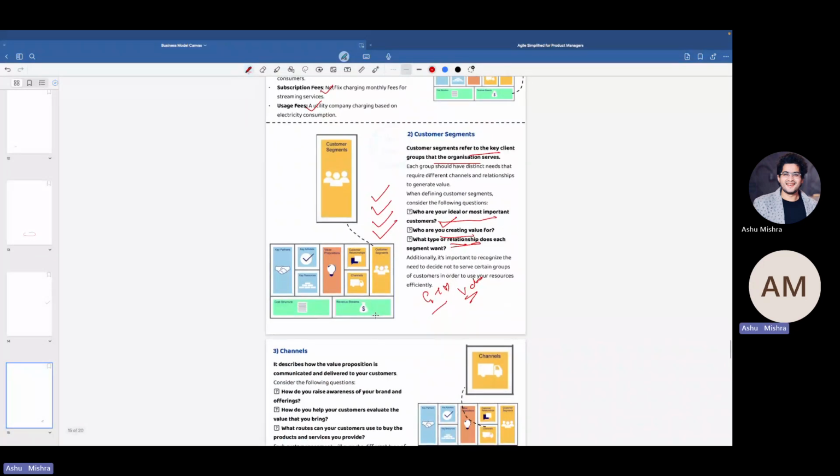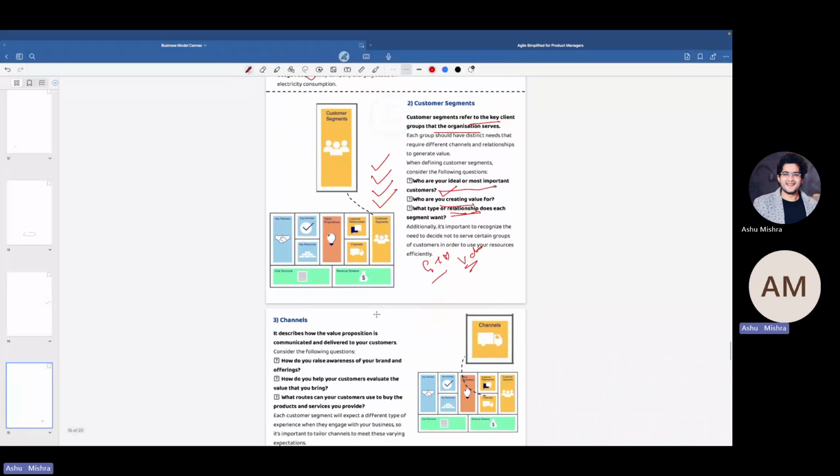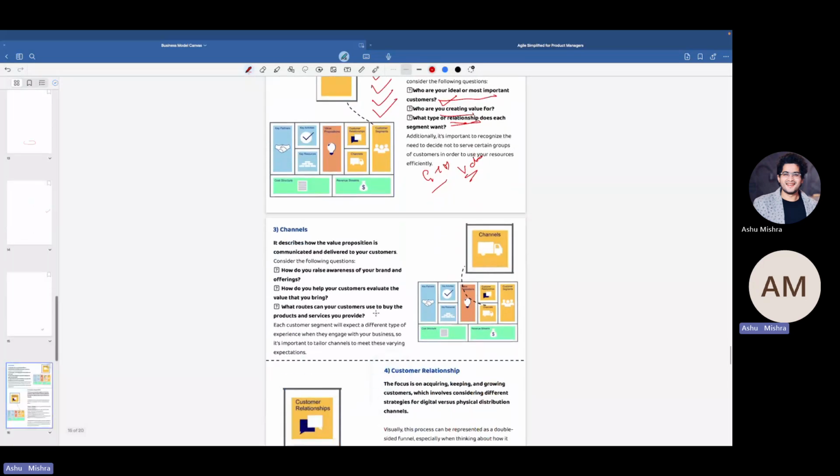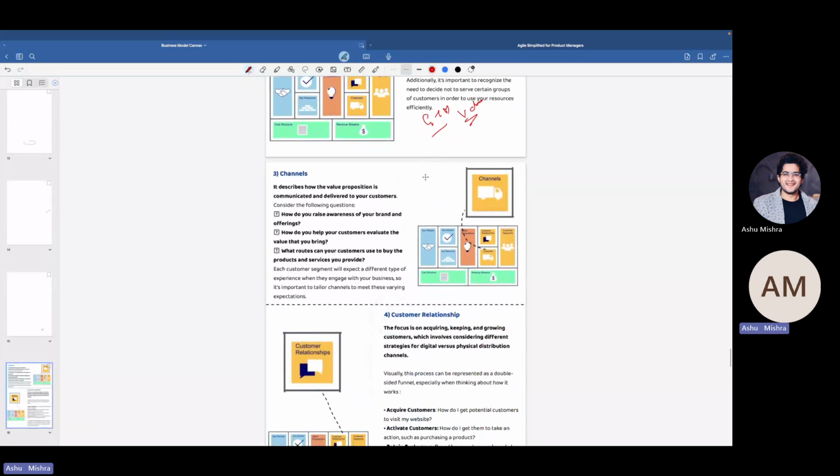Now the third: how do you communicate, and how do you get in touch with your customer segments? That is where we talk about the channel, right? So the channel describes how the value proposition is communicated and delivered to your customer. There are typically three questions that you will ask. How do you raise awareness of your brand and offering, through which channel? How do you help your customer evaluate the value that you bring, right?